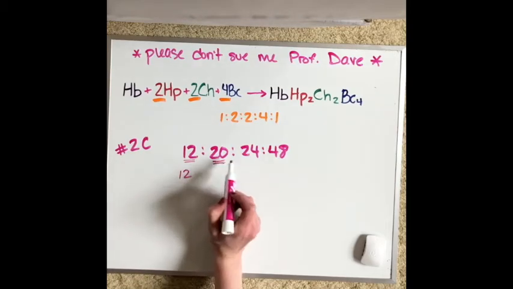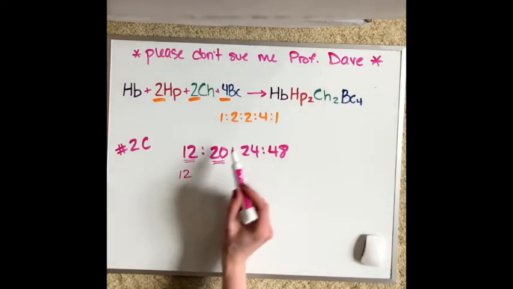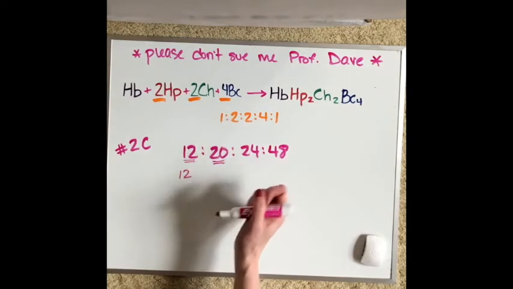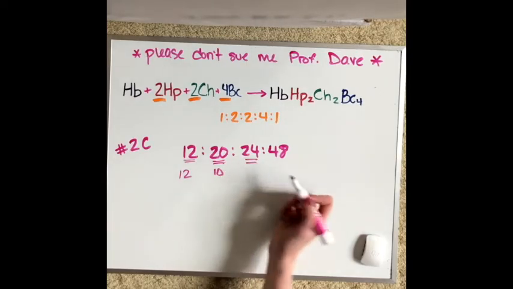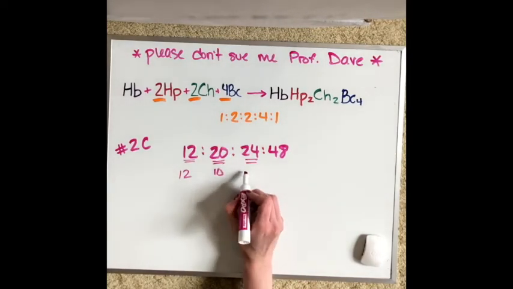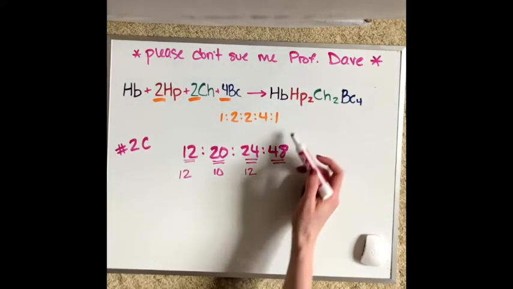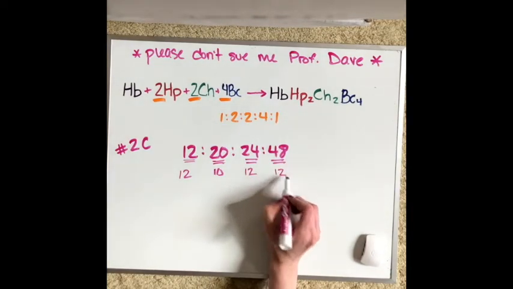If I have 20 patties, each burger needs 2 patties, so I can only make 10 with that. 24 slices of cheese, each burger needs 2, so I can make 12 burgers with that. And 48 strips of bacon, each burger needs 4 strips. I can make 12 burgers with that.